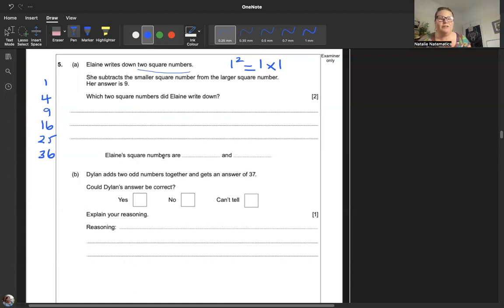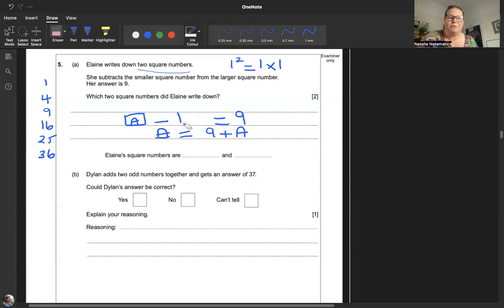I'm going to share with you another little trick. So we've got something, take away something, is equal to 9. I'm going to call this number A, and that's number B. So I'm going to say, well, actually, that first number is equal to 9 plus... Oh, actually, no, ignore me.